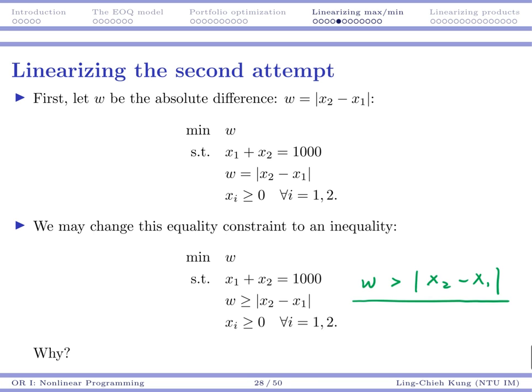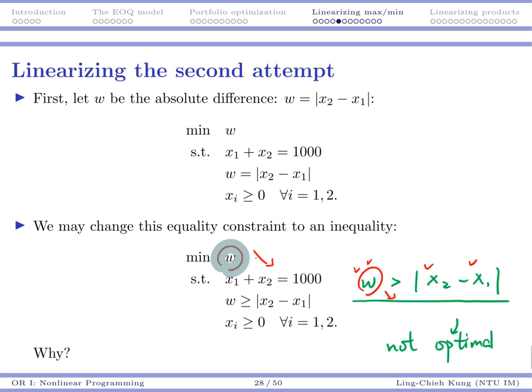As long as this is true, it cannot be optimal. Why is that? Suppose you have an optimal solution, saying that you have w, x1, x2, and if it satisfies this particular strict inequality, then all you need to do is to further decrease w. There is room, right? So your original solution cannot be optimal.